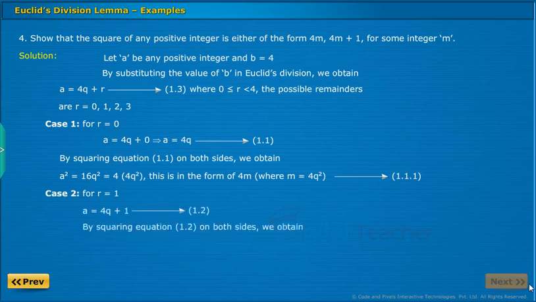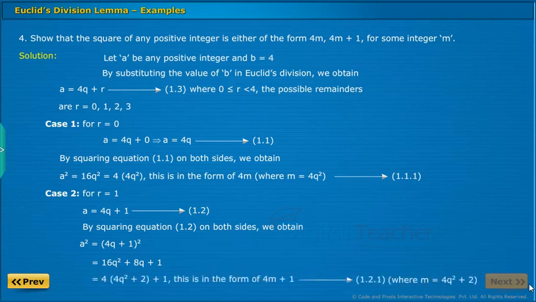By squaring equation 1.2 on both sides, we obtain a square is equal to 4q plus 1 whole square, which is equal to 16q square plus 8q plus 1, which is in turn equal to 4 into 4q square plus 2q, plus 1. This is in the form of 4m plus 1, where m is equal to 4q square plus 2q.